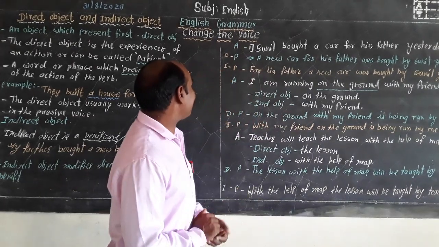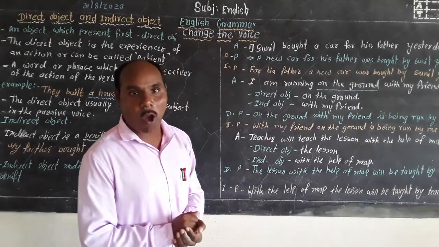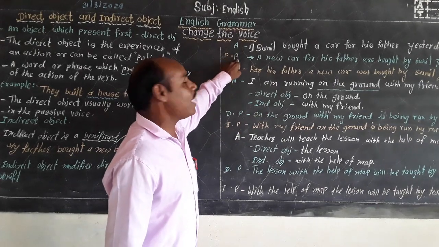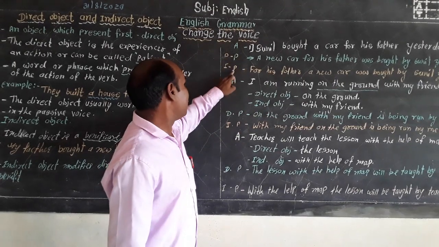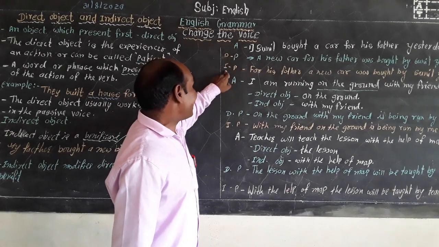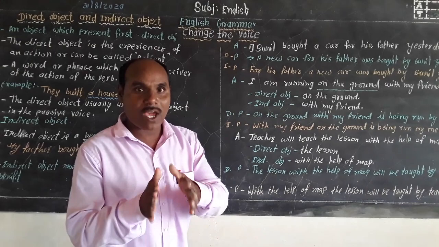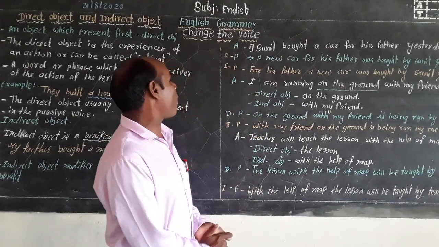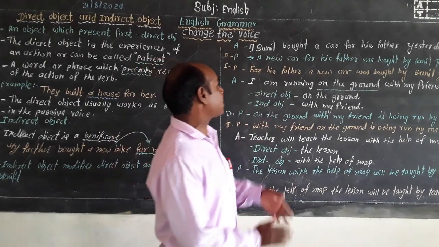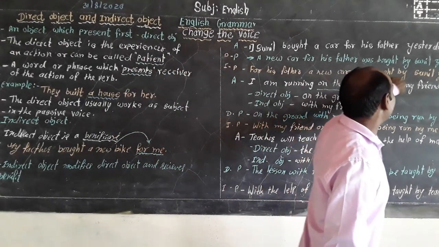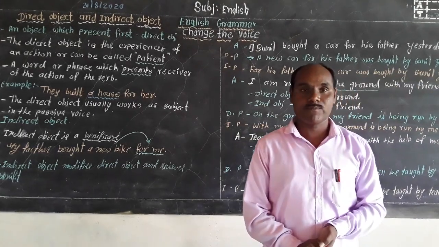Now, if we are preparing the sentence using the indirect object, I means indirect object, D means direct object and P means passive voice. Okay, so this is the active voice. Now if we use the indirect object to prepare the sentence in passive voice, let us see: For his father, a new car was bought by Sunil yesterday.